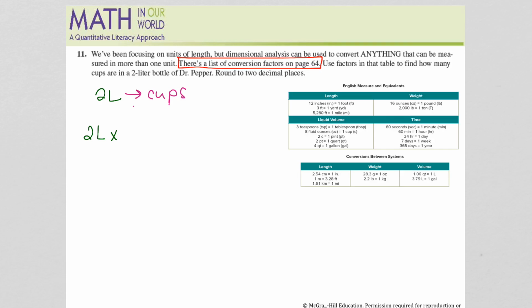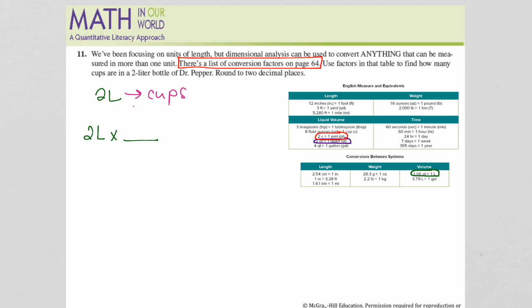But we have liters to quarts. That might be helpful. And then, could we go from quarts to cups? Well, no, but we could go from quarts to pints. And then, I think we can go from pints to cups. Let's see, yes. Okay.